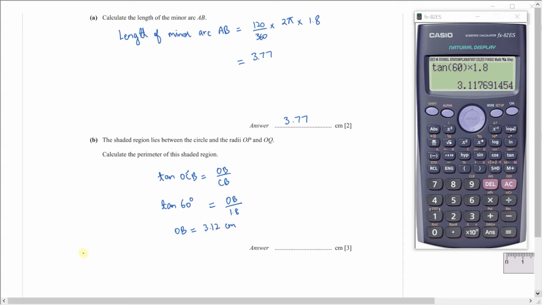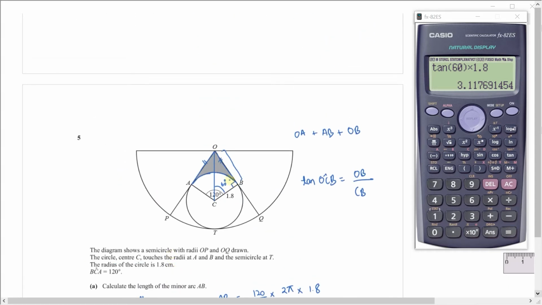So this is 3.12 centimeters. So now the perimeter of the shaded region will be equal to 2 times the length OB plus the arc length AB. So I'm multiplying this length by 2 and then adding this arc length.